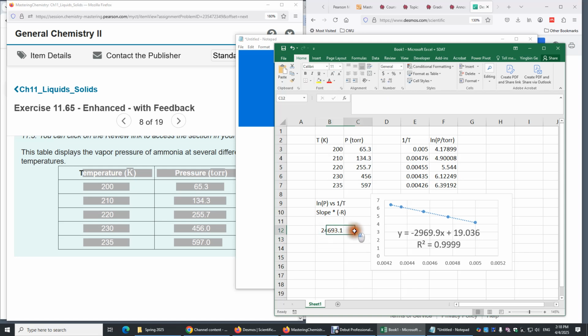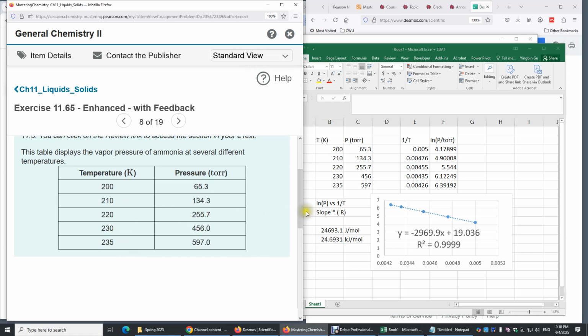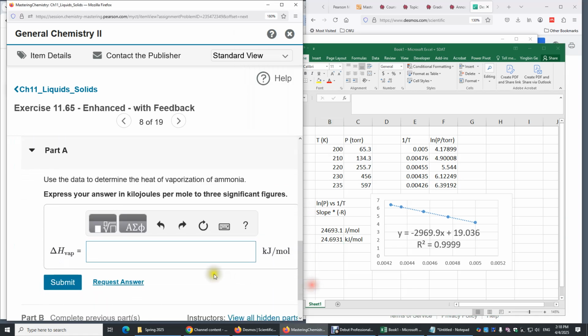So this is the heat of vaporization. We can convert it to kilojoule per mole. It's pretty simple. It's just this divided by 1,000, we get kilojoule. So 24.7. That's it.